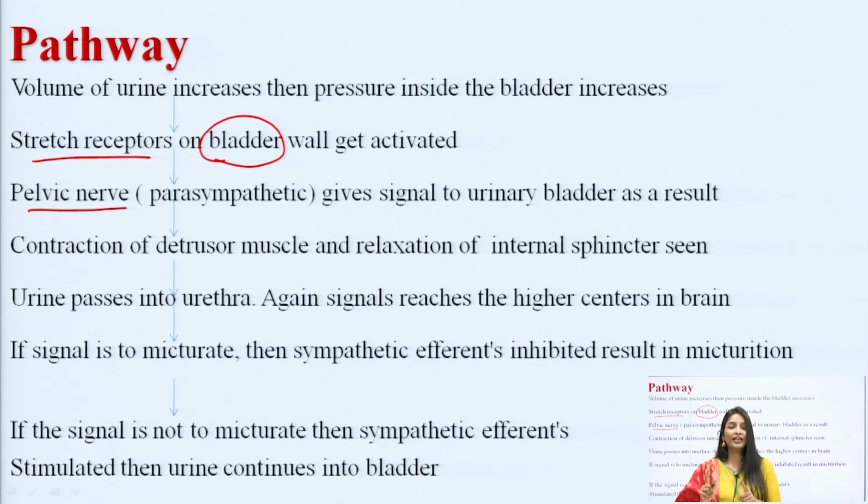And if the signal is not to micturate, then the sympathetic system will not be inhibited and the urine will be filled into the bladder. But up to a certain point of time the bladder can hold the urine, and at a certain time you have to micturate from the body.